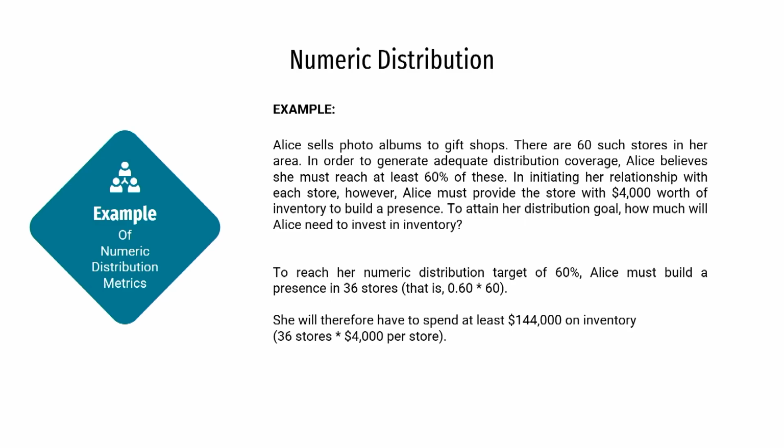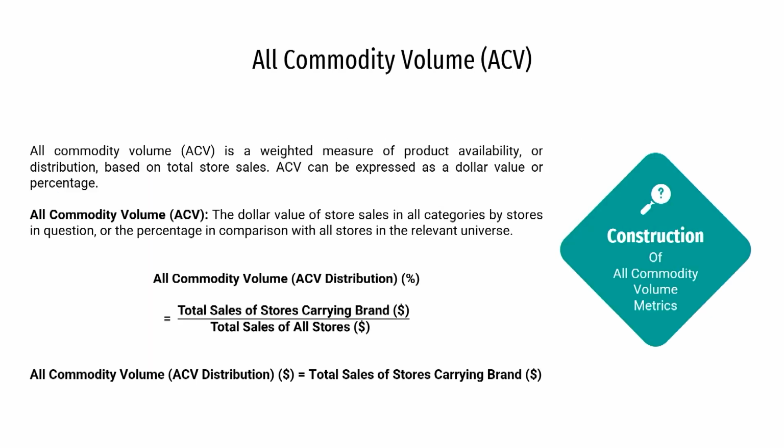So, total cost is 36 stores multiplied by $4,000 for each of the stores. So, it gives you a value of $144,000.